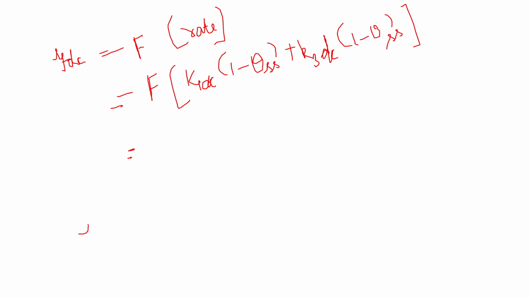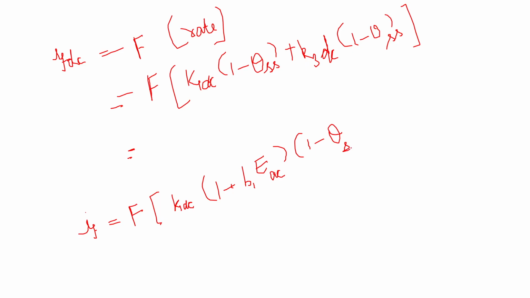Now the next thing is to find out IF. IF will be the same thing, but it will be F into K1 into 1 minus theta. So K1 I can write as K1 DC into 1 plus B1 EAC, and 1 minus theta I can write as 1 minus theta SS minus theta dash EAC.